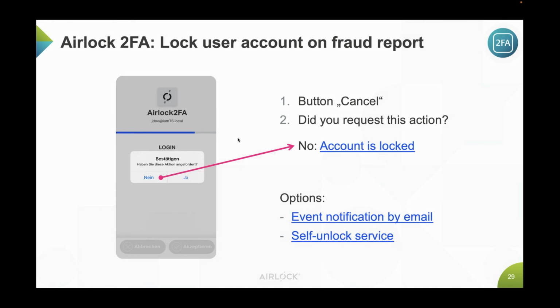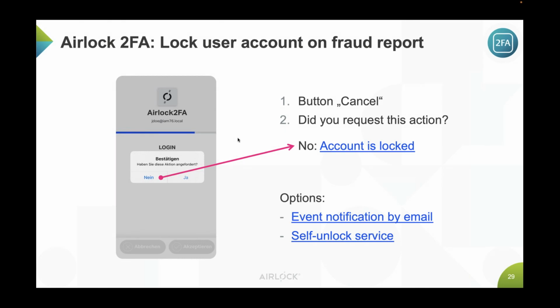And in the documentation, that's why all of these are links, it will tell you how to configure the self-unlock service so a user can recover his account and also gain control over Airlock 2FA again. So that's the first feature, locking a user account if he reports that fraud has happened on his user account.